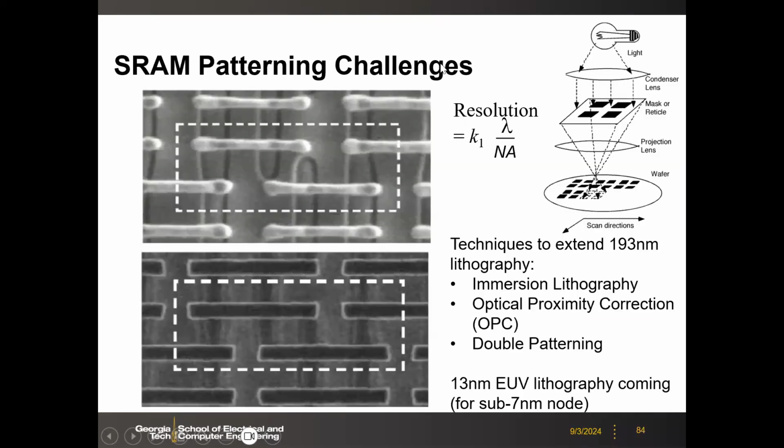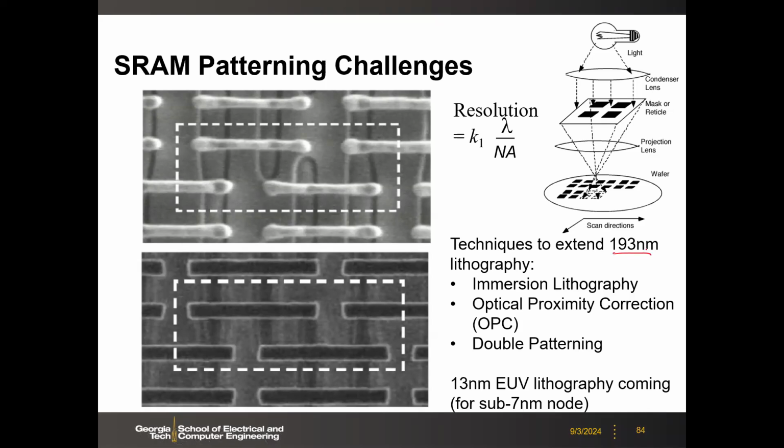So let me spend a few slides on the lithography, which is related to the fabrication. So the SRAM patterning is to follow this regular pattern because it's more and more difficult to pattern this kind of shape using lithography. So if you have some knowledge about device fabrication, then the mainstream lithography for many technology nodes is based on this 193 nanometer lithography.